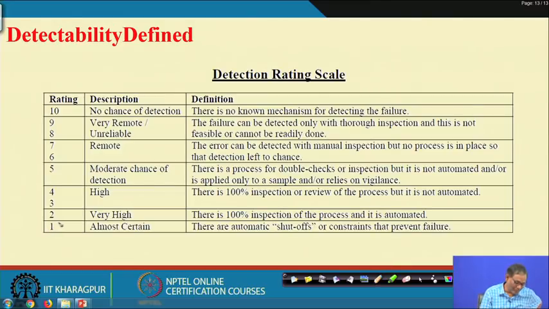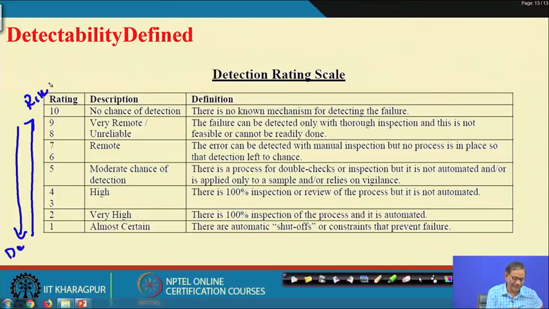The value will be low. So, if detectability decreases, then your risk increases. So, here detectability high, this is detectability and this is risk. Detectability increases, risk decreases, detectability decreases, risk increases. So, that is why we have used the reverse scoring.